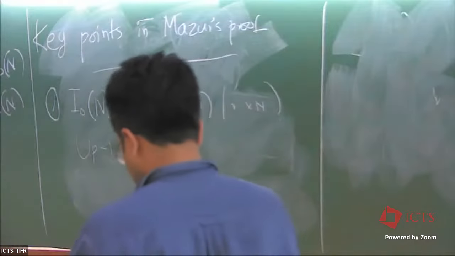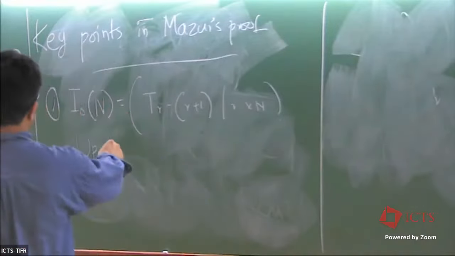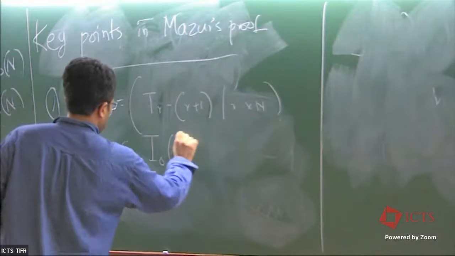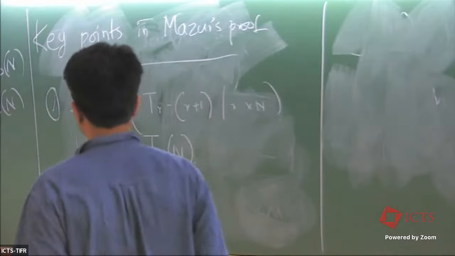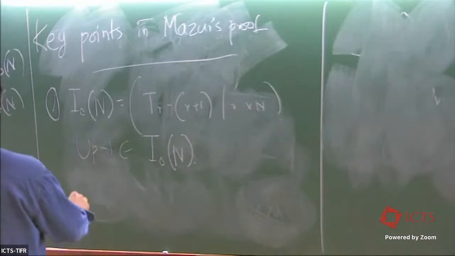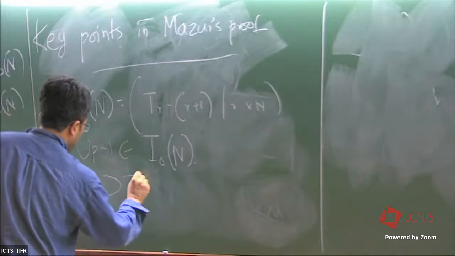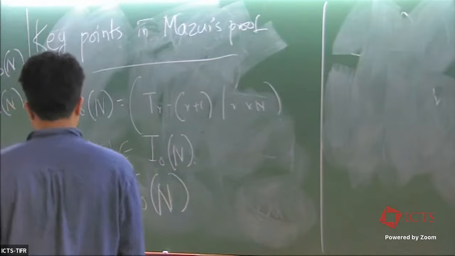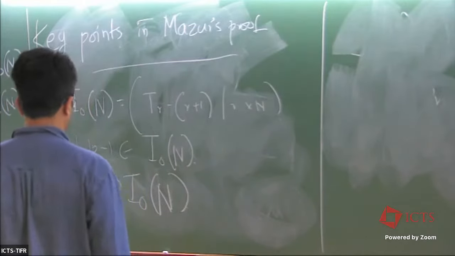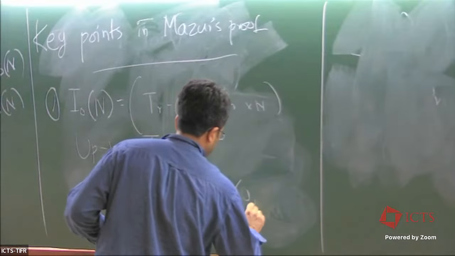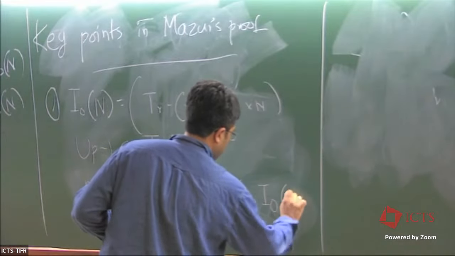Yeah. So you have this U_p minus 1 that belongs to I naught of n. And what he has proved is that you start with an arbitrary maximal ideal M, then this M contains I naught of n. And of course, this is maximal, so we better be M. You have M equals to L times I naught of n.